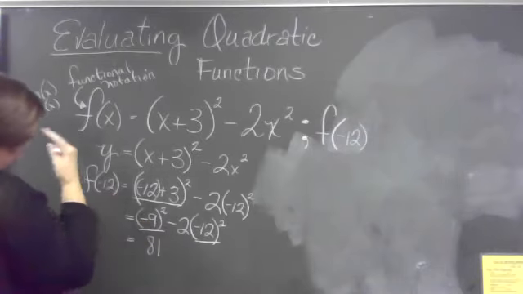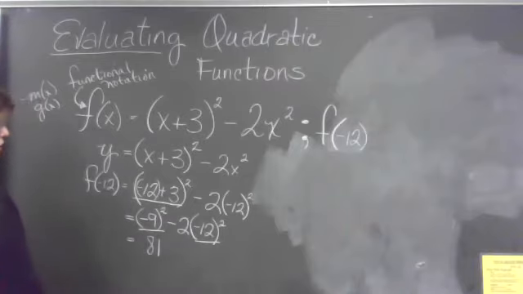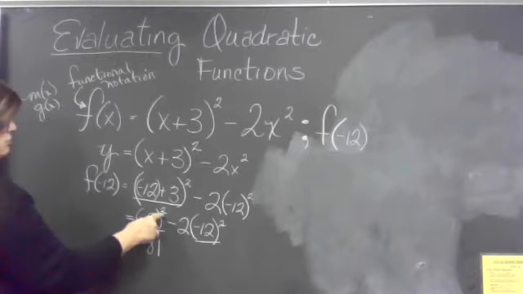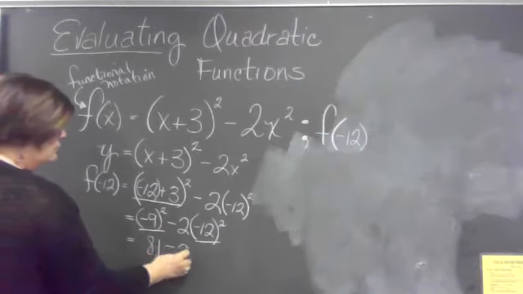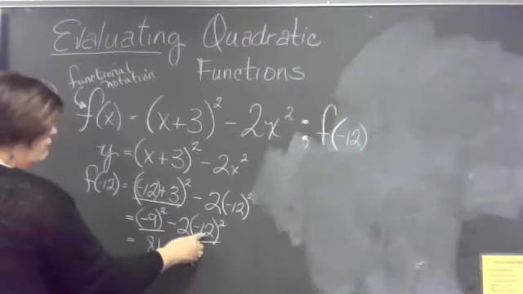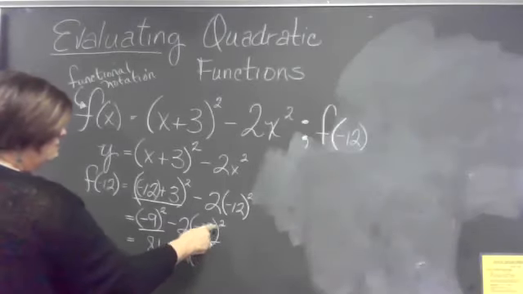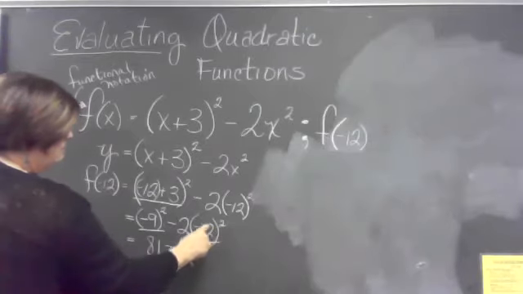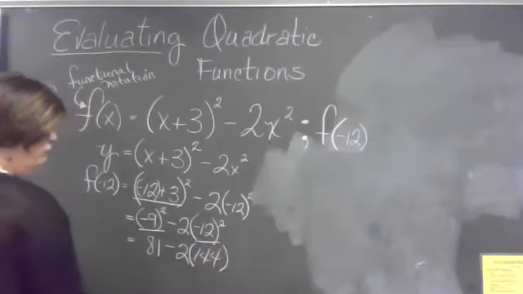And one thing to keep in mind is that anything squared will always give you a positive answer. Always, always, always, if it's squared, it will give you a positive answer. Minus 2 times negative 12 times negative 12 is definitely going to be a positive 144.